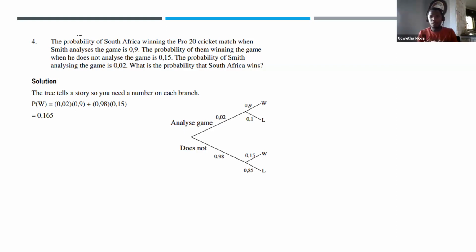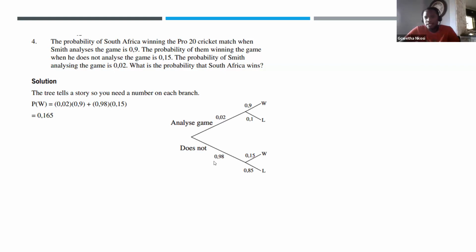Number one, we start by analyzing. We will analyze whether it will win or lose, but we'll start by analyzing and not analyzing. So those are the two arms. You've got the arm of analyzing and the arm of not analyzing. The probability of Smith analyzing the game is 0.2. You analyze the game, you give the arm 0.2.